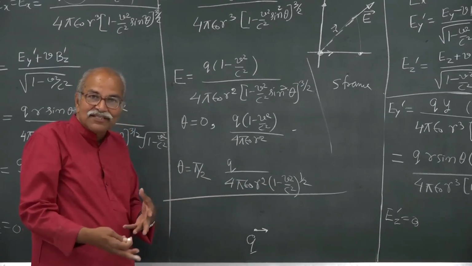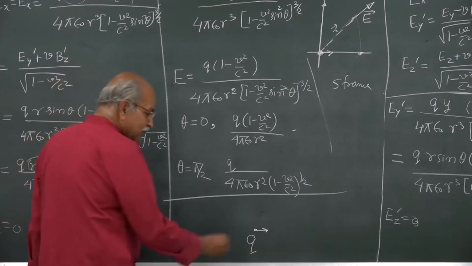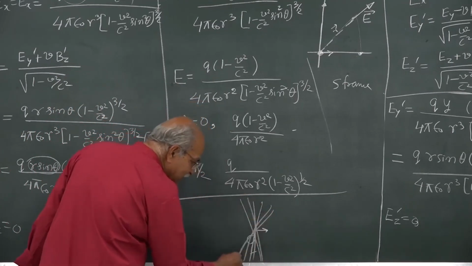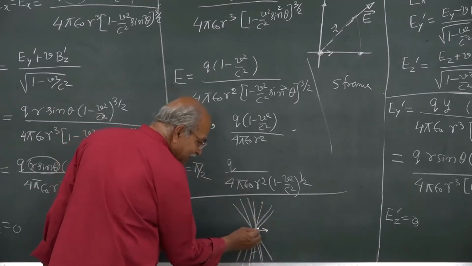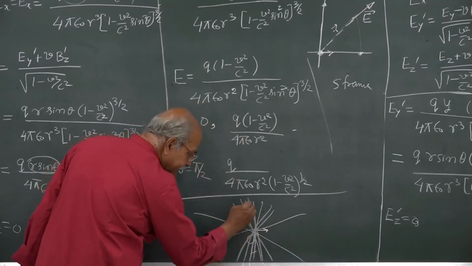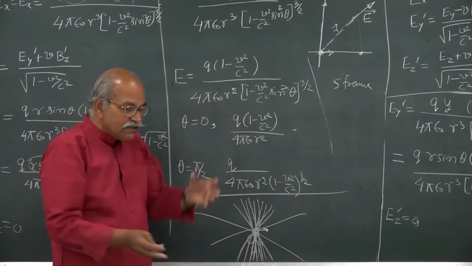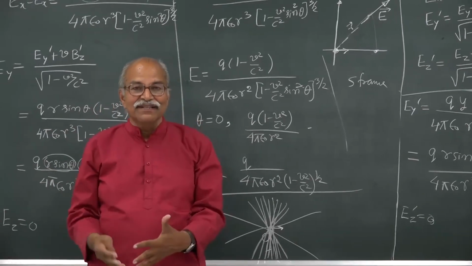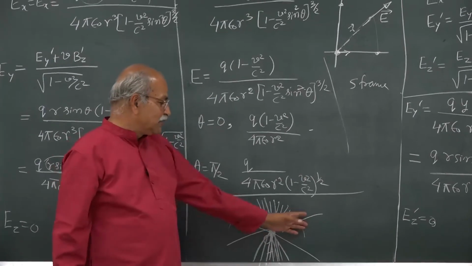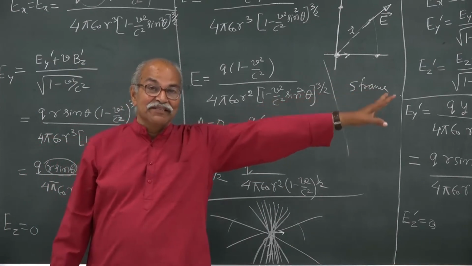So, the number of field lines should increase, and at pi by 2 it should be maximum. So, if the speed is large, you will have to draw a lot of lines here, fewer lines here, and here it will go like this. So, the field will be confined more in the transverse direction, and in the forward and backward directions the field will be less. That is when the charge moves with some high speed.